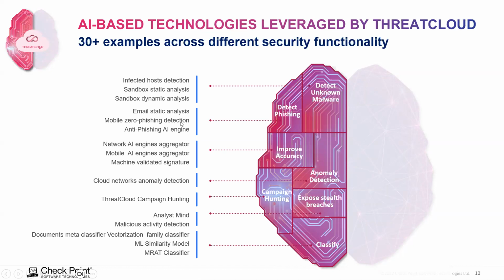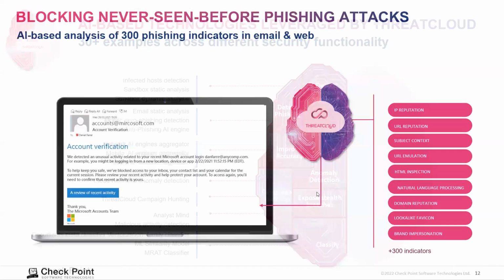We have zero phishing detections that are picking it up. I don't want to read through every single one of these, but you see we got a variety of manual and a whole lot of AI and machine learning type things, that allows us to build this database extremely quickly.